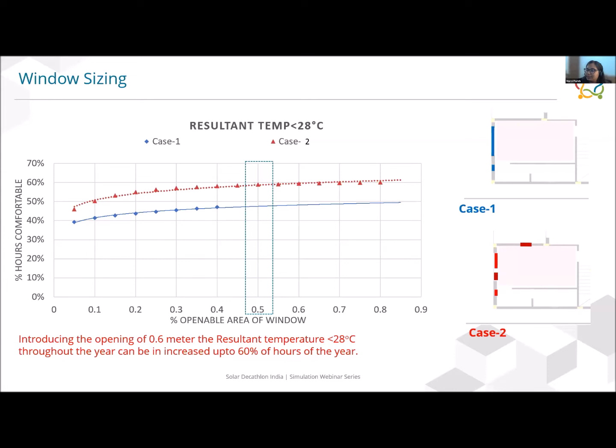It is stagnant at 60. At 0.5 operable window ratio, it's stagnant. After that, there is very minimal change. So as you can see, we introduced windows of 0.6 meters, and comfortable hours across the year could be increased up to 60% in this particular case.